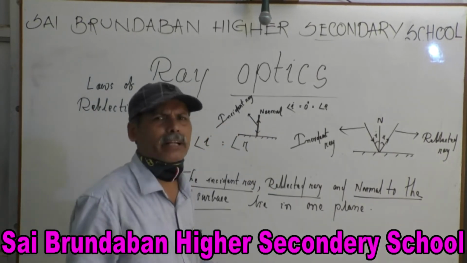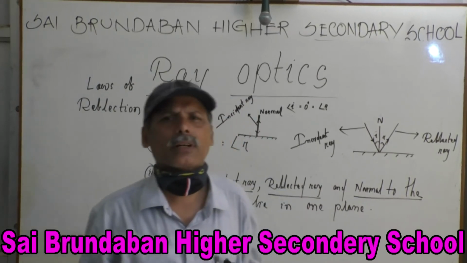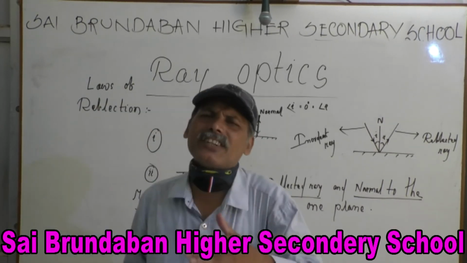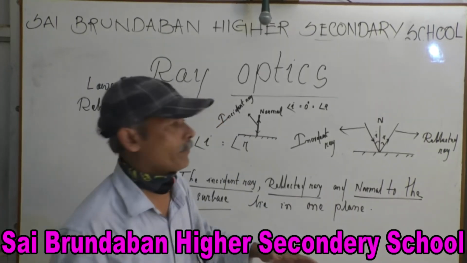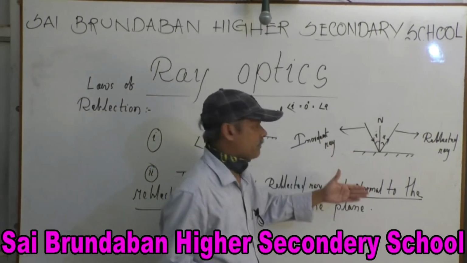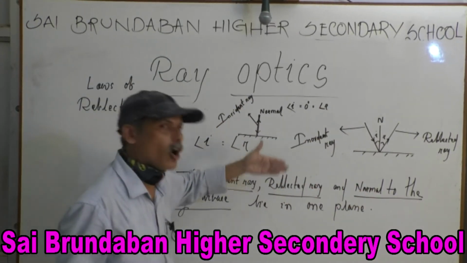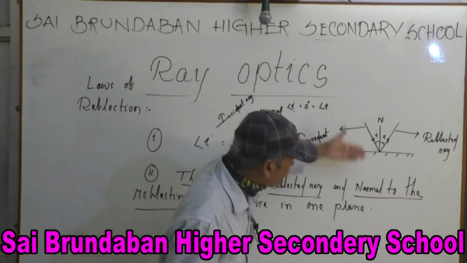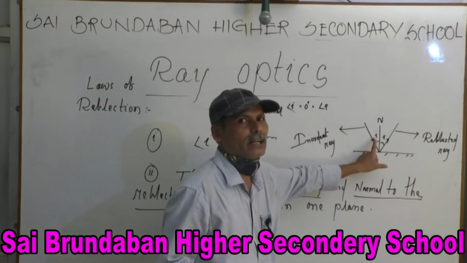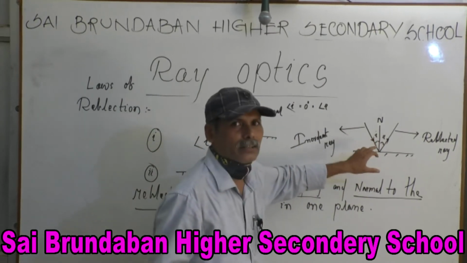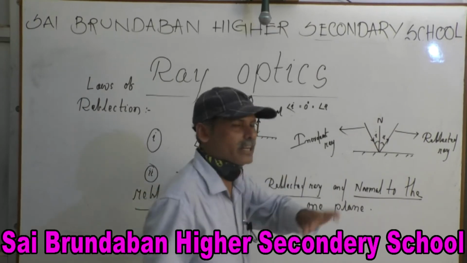So don't be disappointed. Light doesn't always hit the surface making a certain angle with the normal. The light may directly hit, or the light may hit the surface making a certain angle. But whatever the incident angle may be, the reflected angle will be equal to the incident angle.